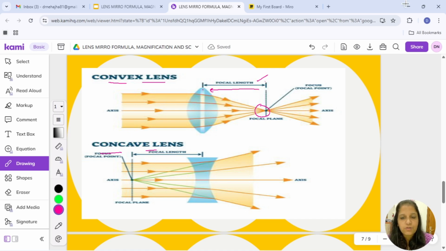So this portion will tell you the focal length. In the case of a concave lens, the image always forms on the same side as the object, and that is why the distance from the optical center to the focal plane will be considered the focal length.